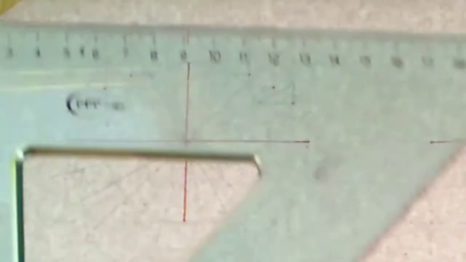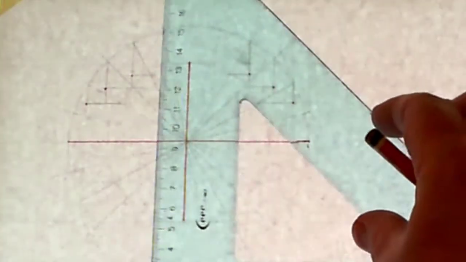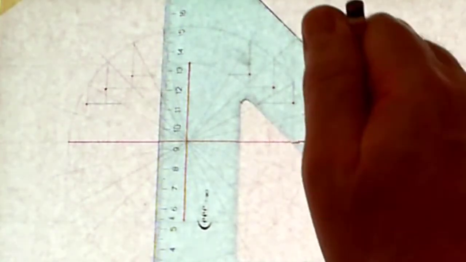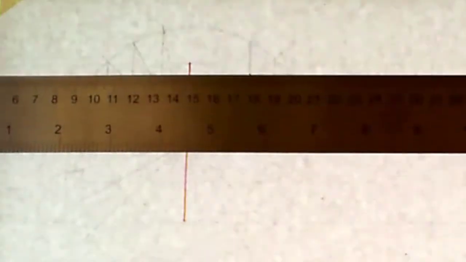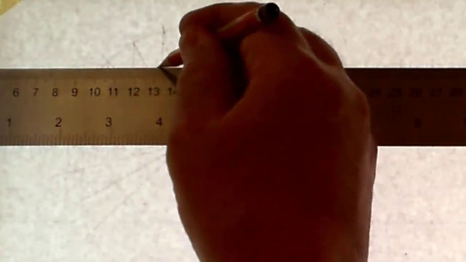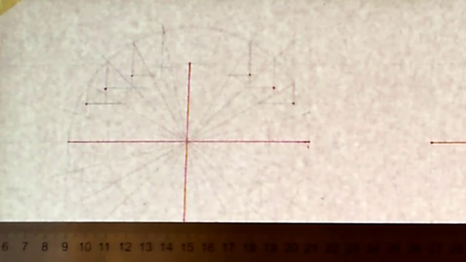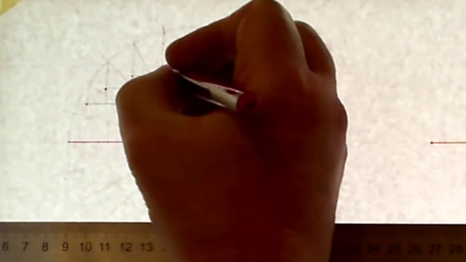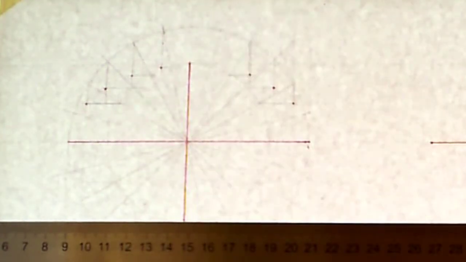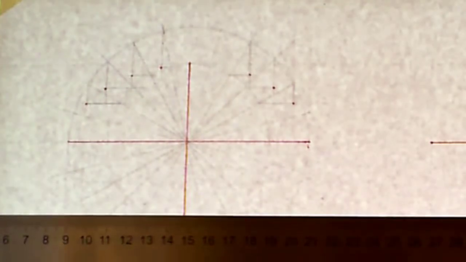Now, I can simply now bring down this, which would be a 75 degree line here, bring it down, and again correlate the point, bring it across where that same angle 75 degree line hits. I get another point here. Okay, so I do it on the other side as well.